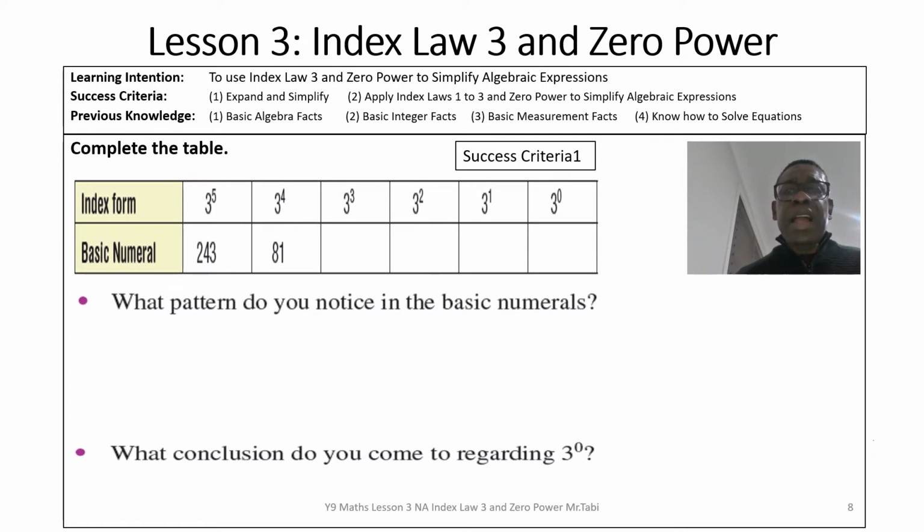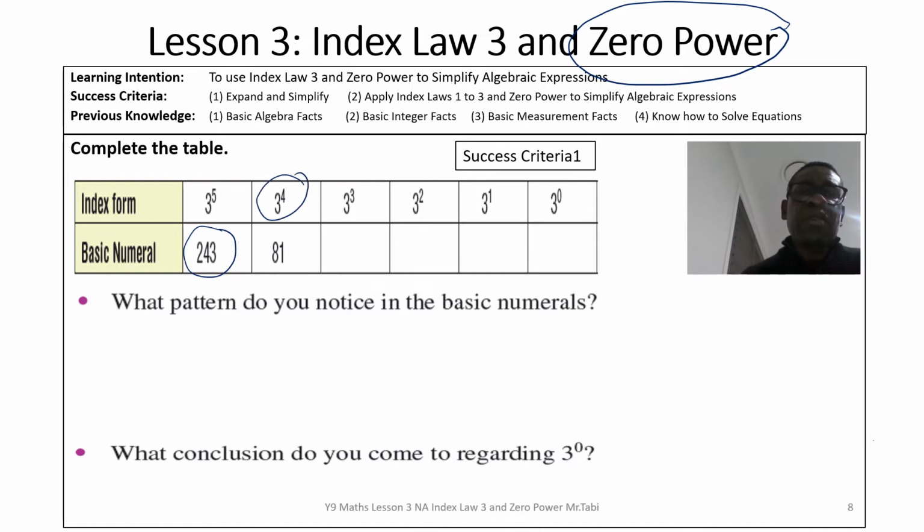Now we are changing tack. We want to work on what the 0 power is. So to work on the 0 power, let's complete this table here. Already you would have seen a pattern happening. 3 to the power 5 is 243. 3 to the power 4 is 81. Why is it 81?